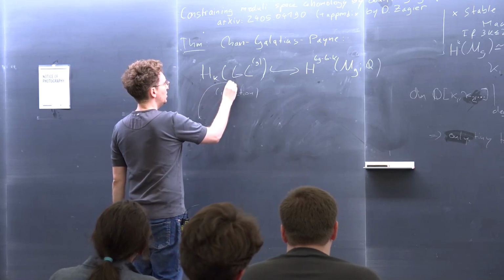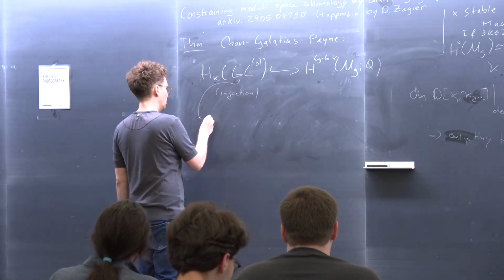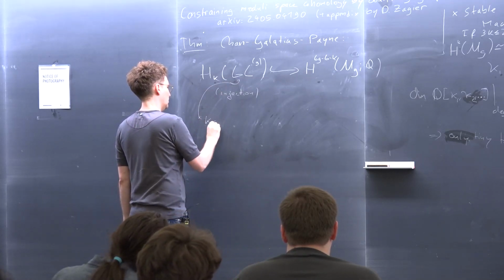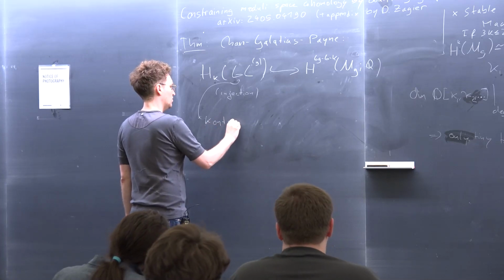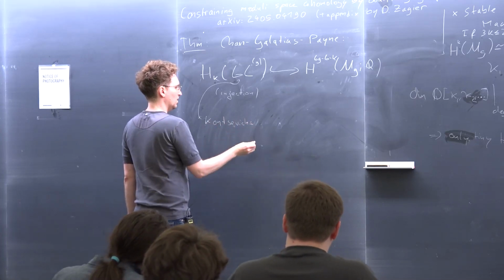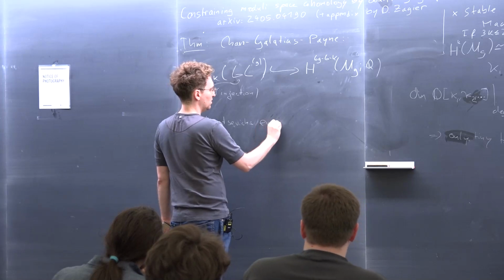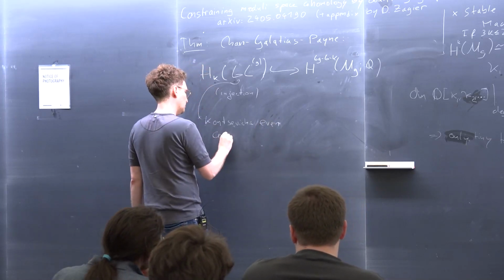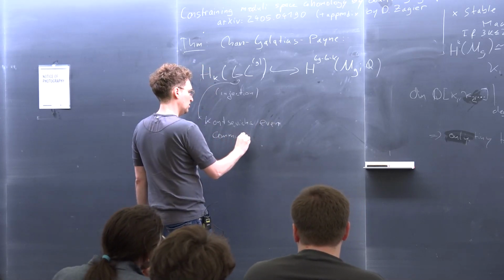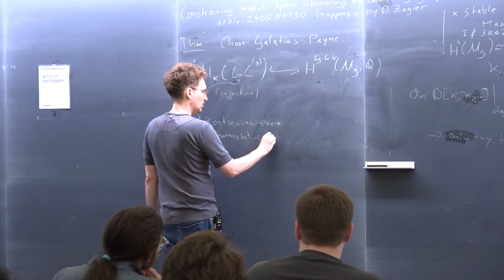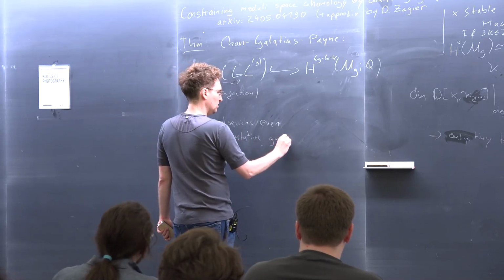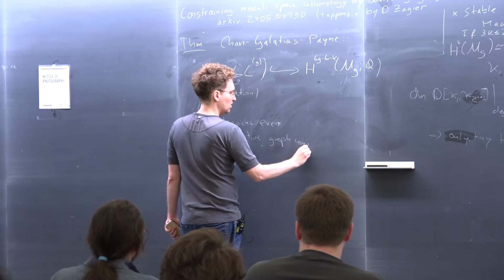And this GCG object is Kontsevich's even commutative graph complex.